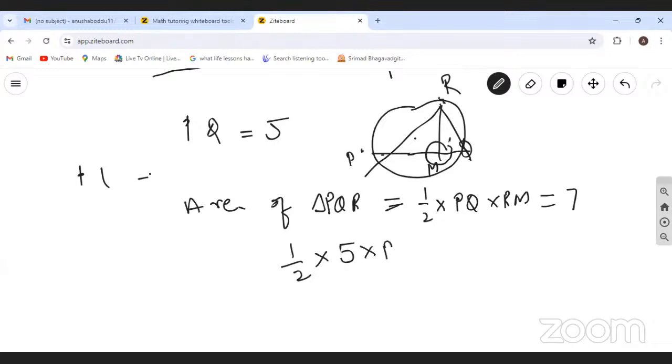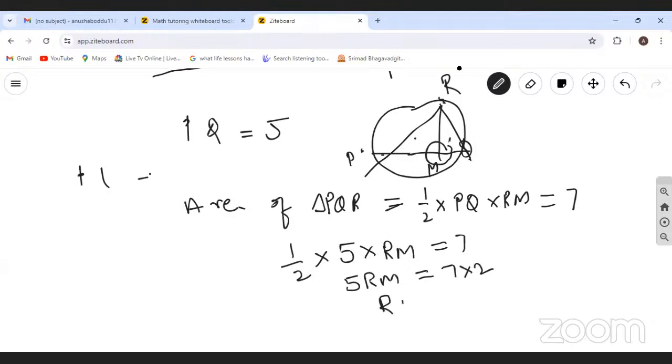We need to find the value of RM. That is 7, right? So here 2 is in the denominator. If you transpose 2 to the RHS side, what will it be? 5 into RM is equal to 7 into 2.